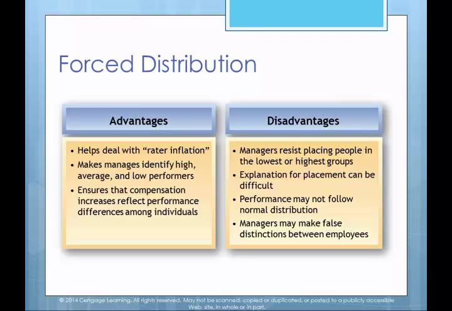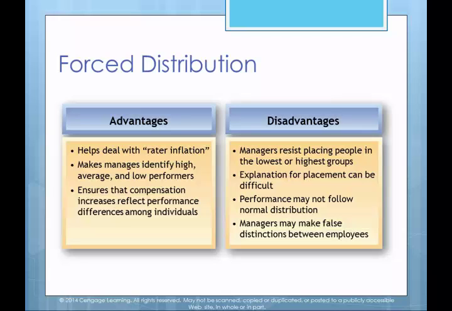The disadvantages are managers resist placing people in the lowest and highest groups. Explanation of placement can be difficult. Performance may not follow normal distribution. Managers may make false distinctions between the employees. So again, this is sometimes used in organizations. I think now instead of forced distribution, we use it as a guideline, the bell curve.